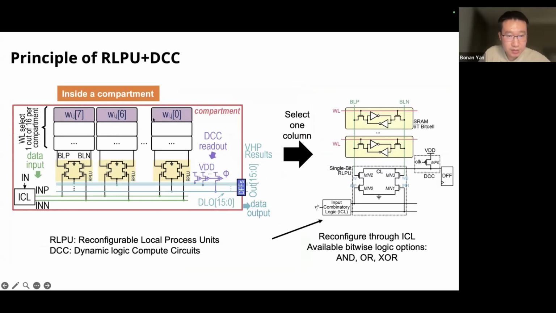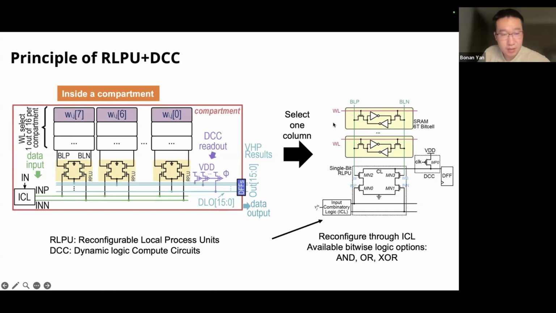Basically, these are the bit cells, and the bit cells store the AI model weight parameters. After that, we take the positive and negative bitlines into a four-transistor structure circuit, and we call this circuit the RLPU, because this four-transistor circuit does all of the in-array logic computation. On the right-hand side is a clearer diagram for this circuit.